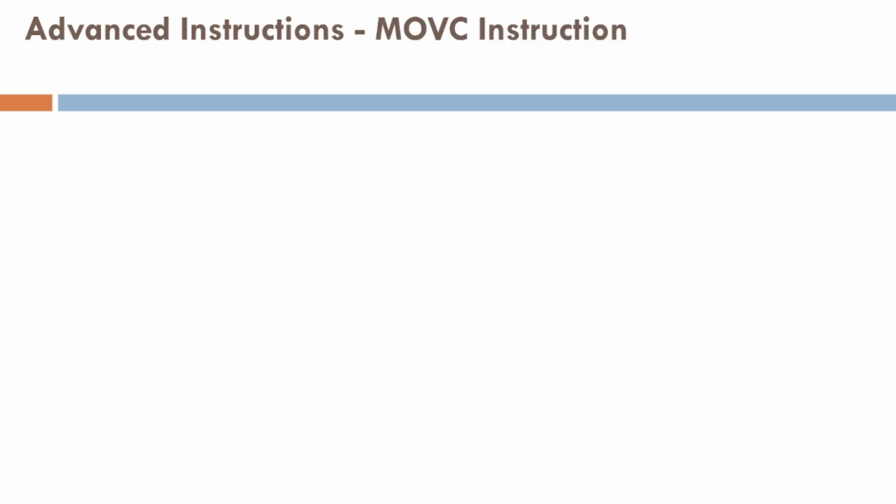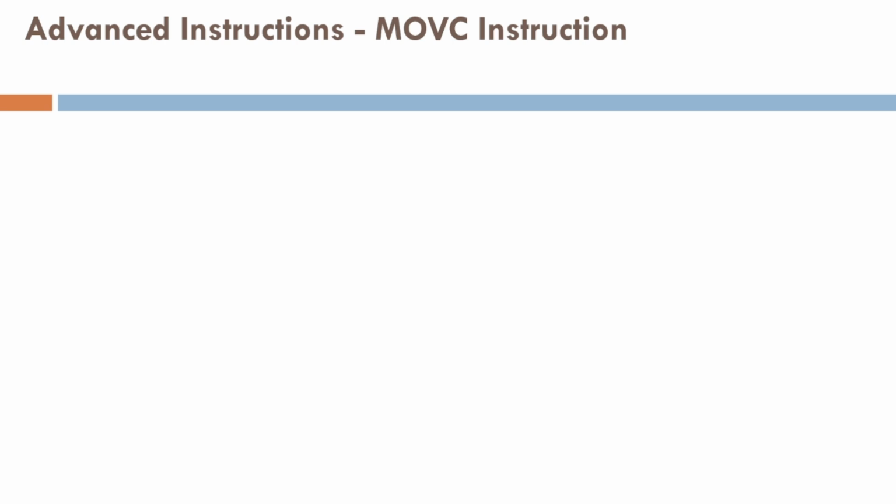Now, what we are going to see right now are the advanced instructions related to MOVC. You'll have to listen to this very carefully, as these instructions are advanced and you may get confused with the other instructions, so it's better to have a very clear understanding of these instructions.